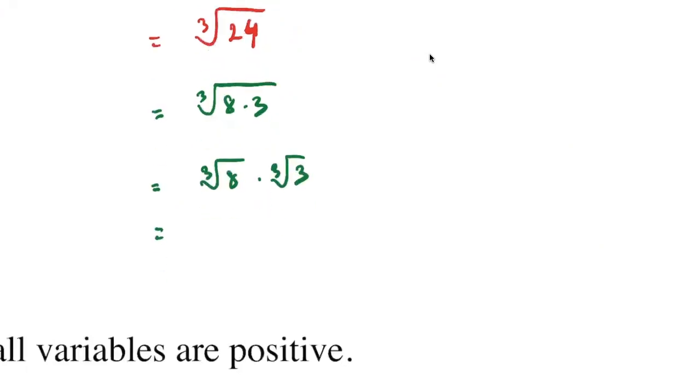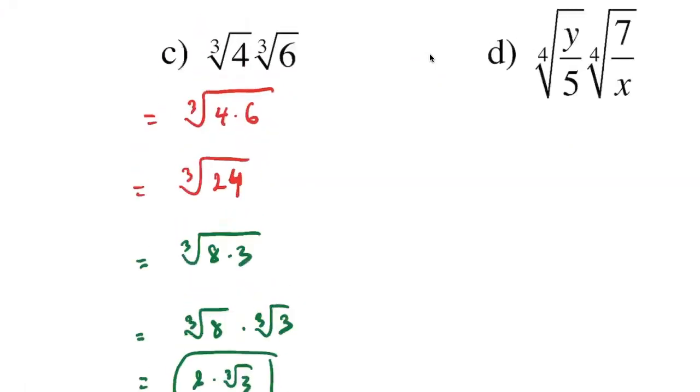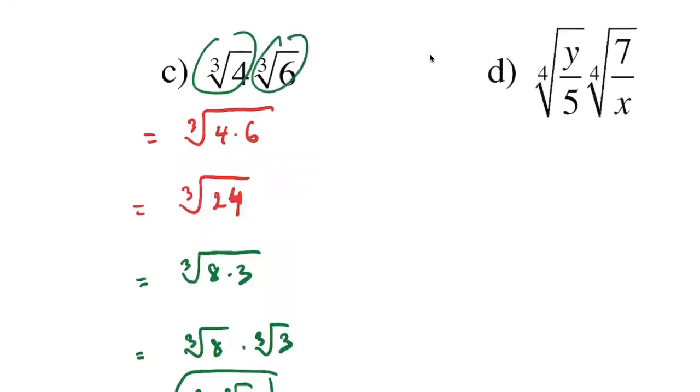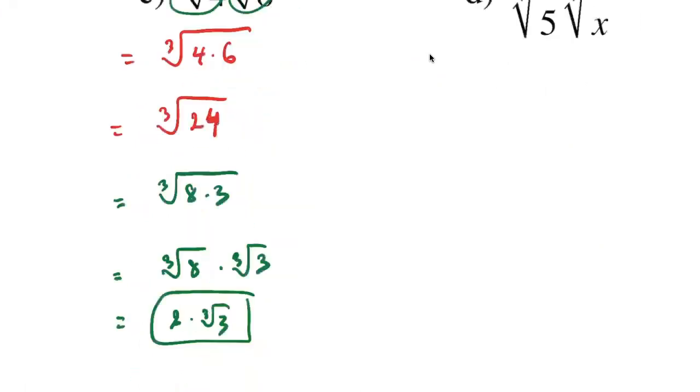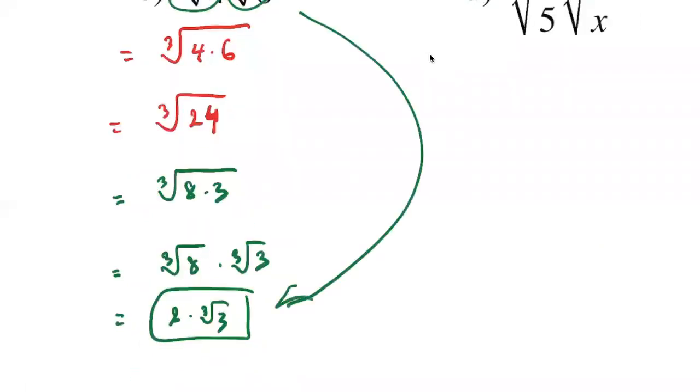Cube root of 8 becomes 2, so we get 2 times cube root of 3. That is our answer. Individually, we can't really simplify them, but if we combine the radicands, we can get that product into this form.